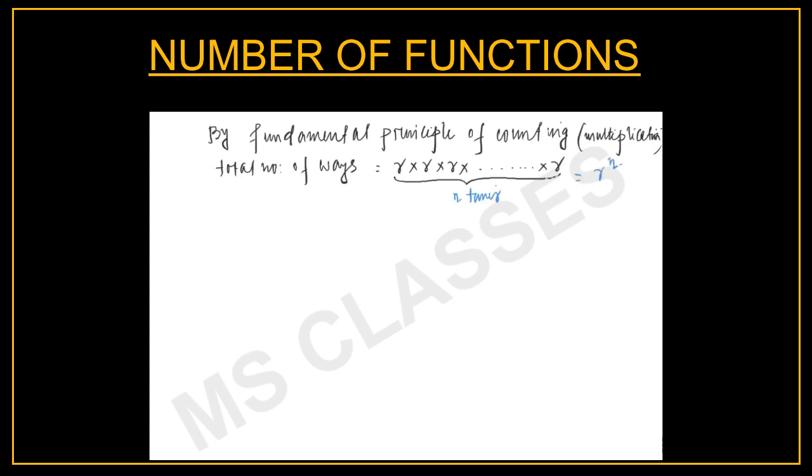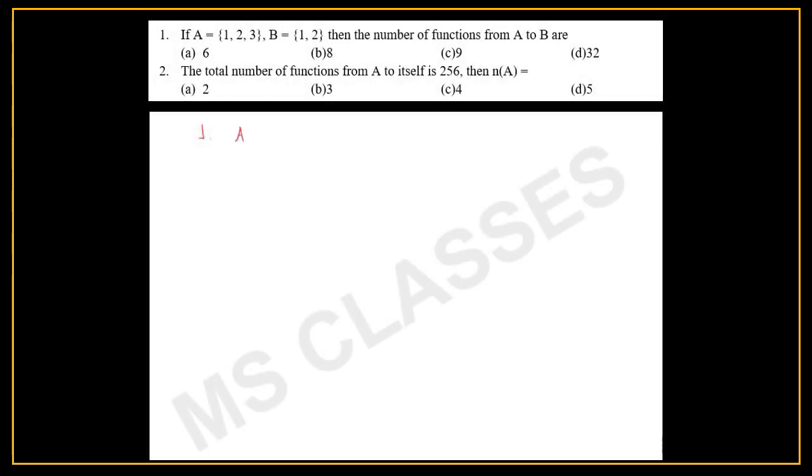In another way, you can think of this as the number of elements in the codomain to the power of the number of elements in the domain. Take set A with elements 1, 2, 3 and set B with elements 1, 2.